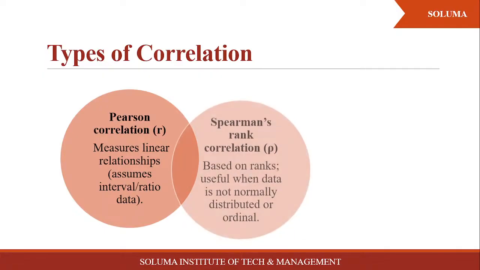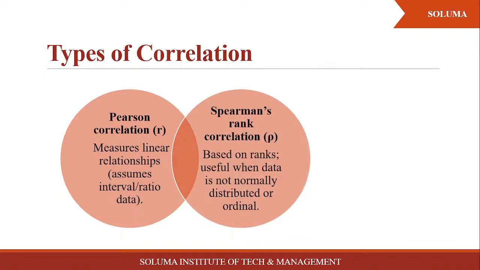We established that Spearman is a correlation that is looked at based on ranks, which by God's grace we might be able to look at tonight. When the data is not normally distributed, we use Spearman rank correlation. If the data is not normally distributed and is also a non-parametric sample, then we use Spearman rank correlation.